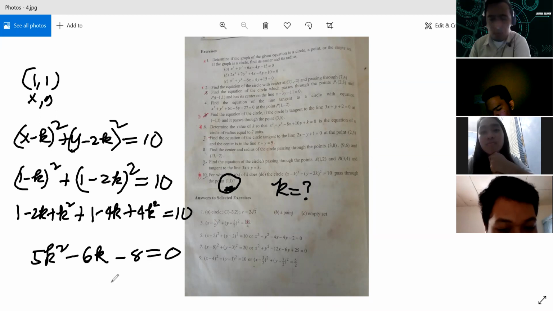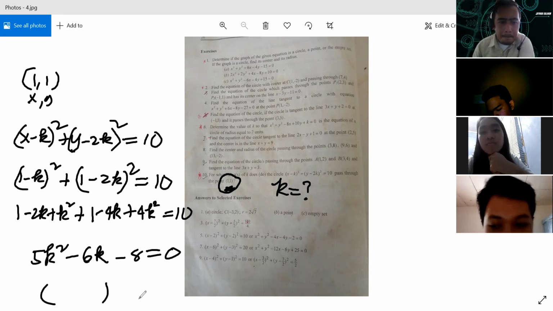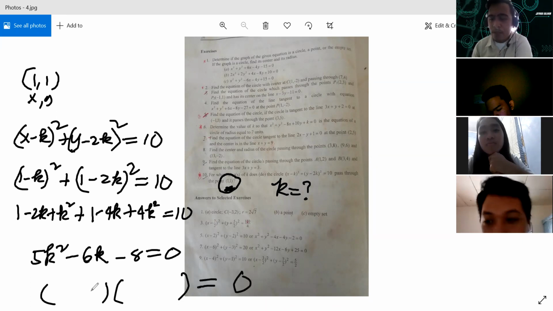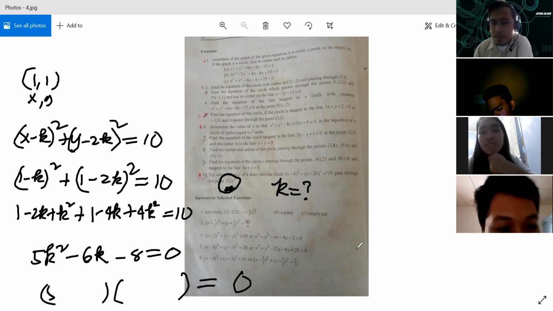Now, the question is, can we factor this? Anyone who can tell me what the factors are? For sure, naa nay 5k and k dira, right? Any suggestion?